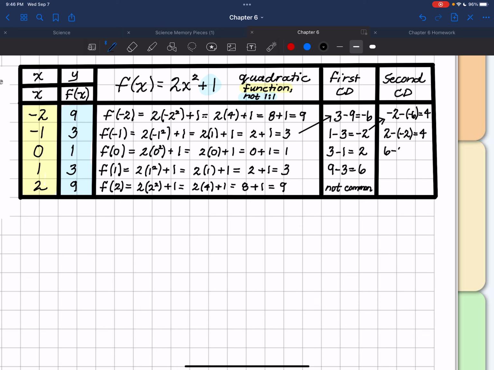And then 6 minus 2 is positive 4. So here we get the common consecutive difference. At the second level, that proves that this is a quadratic function.